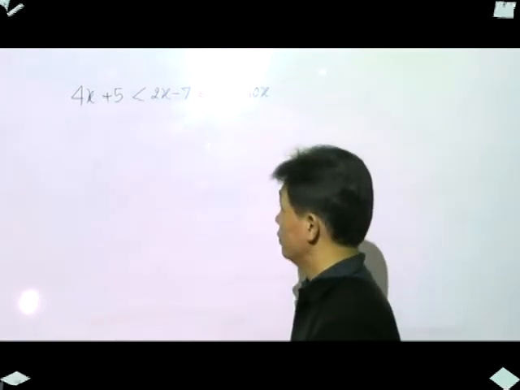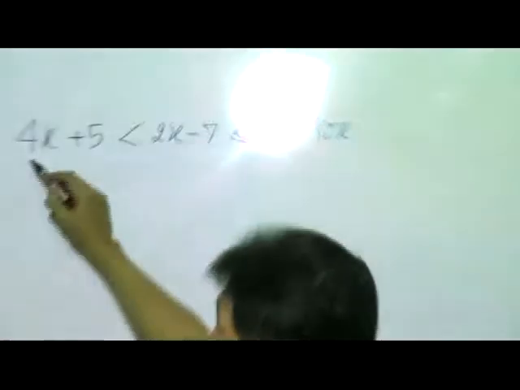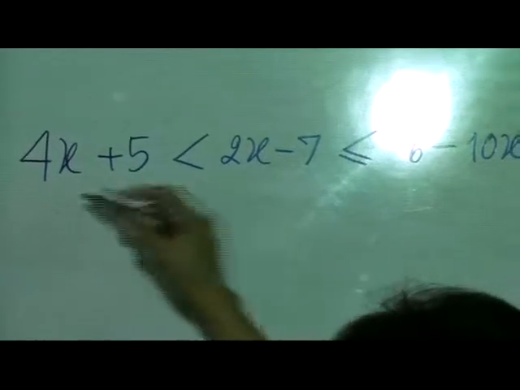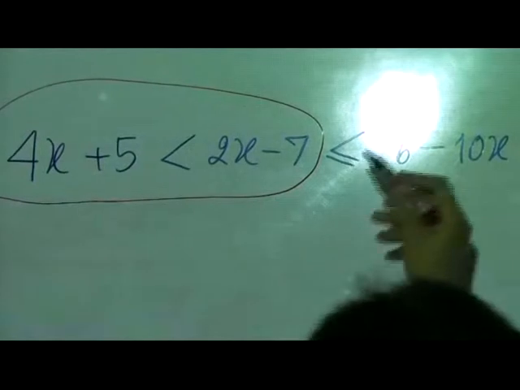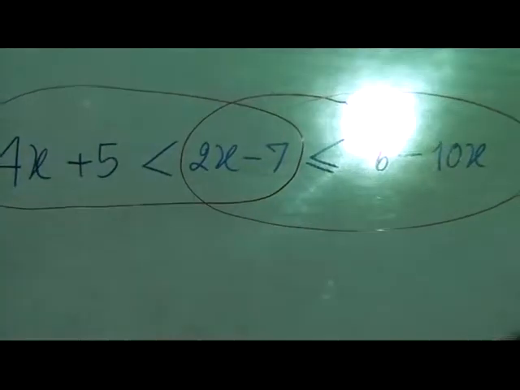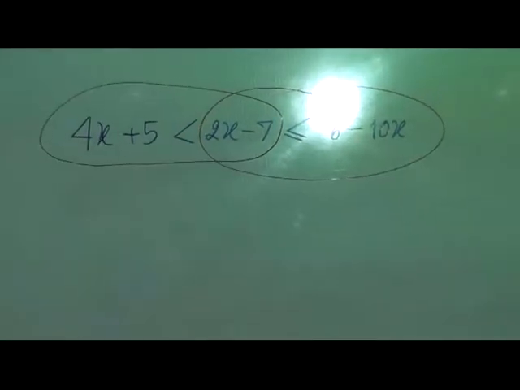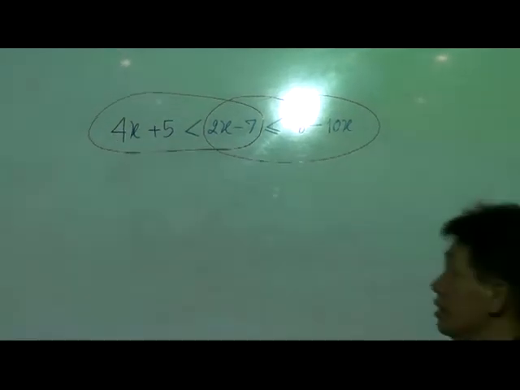Next, I show you about inequality simply like this. It's very simple for us to solve this inequality. This is 2x minus 7 is less than or equal to 6 minus 10x, and 4x plus 5 is less than 2x minus 7.